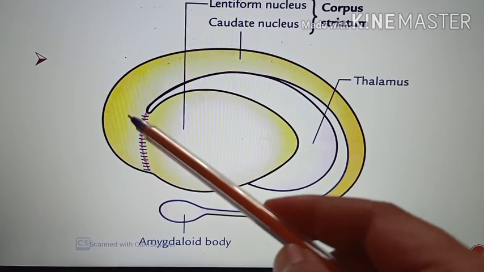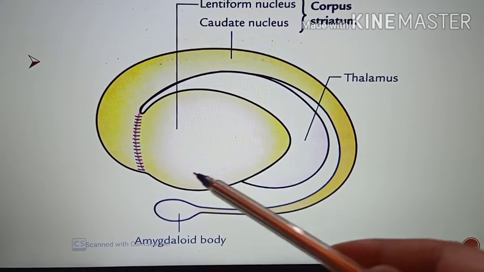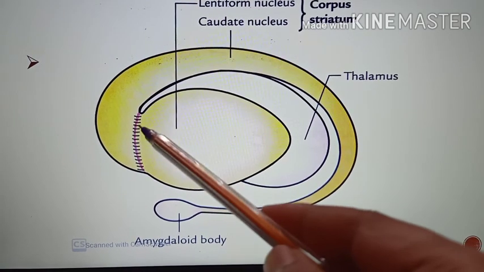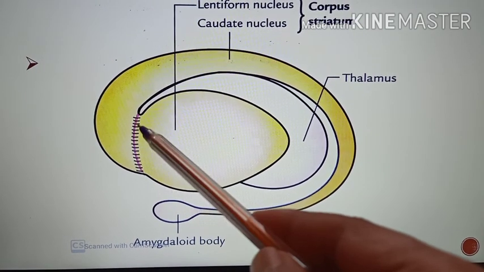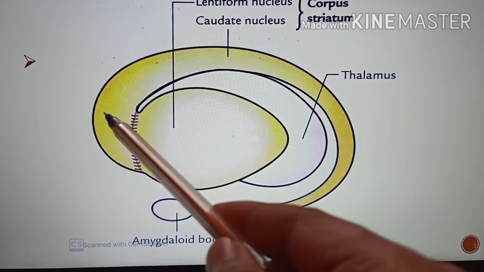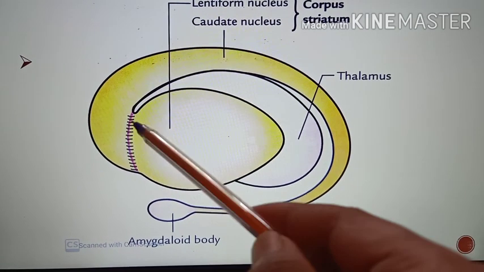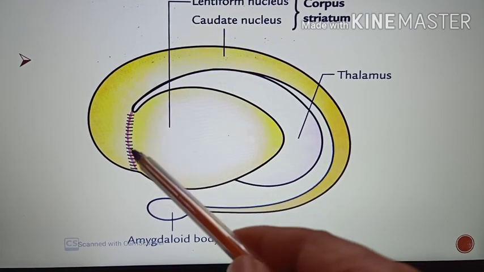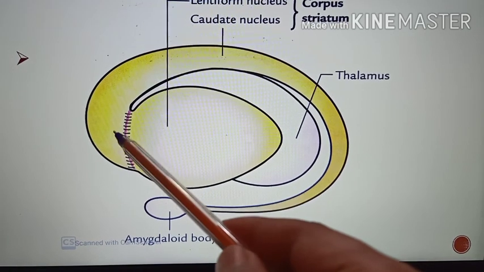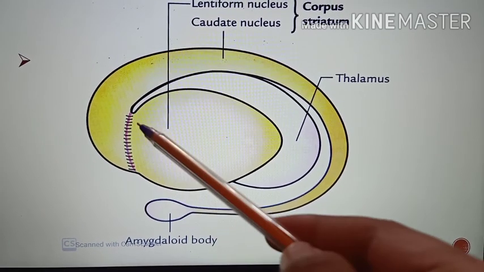Here the head of caudate nucleus is fusing with the lentiform nucleus. The region of fusion of the anterior part of head of caudate nucleus with the lentiform nucleus is called the fundus striati. Fundus S-T-R-I-A-T-I.